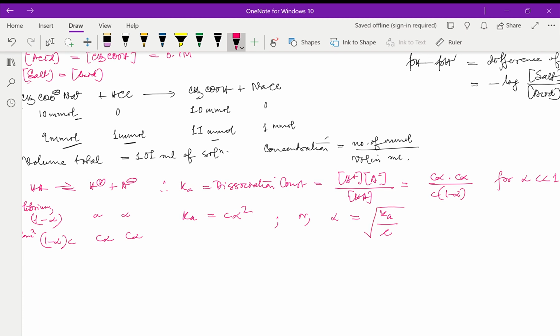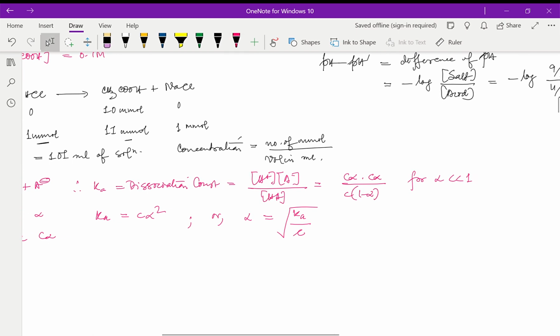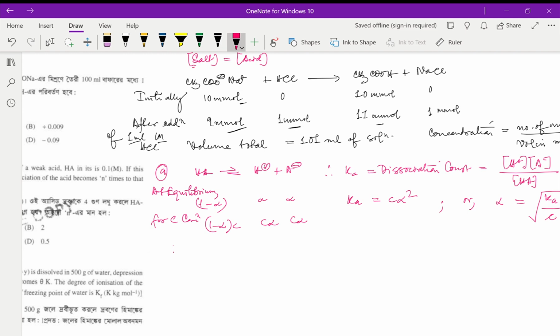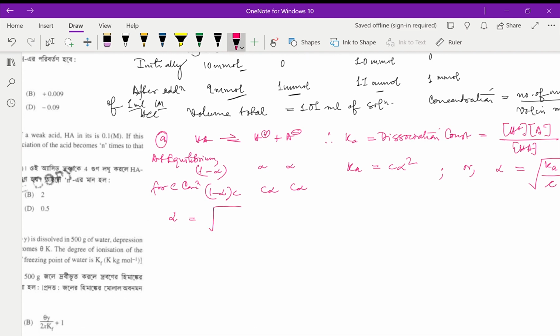We know that the concentration is inversely proportional to volume. As volume increases, concentration decreases. So using equation 1 and equation 2, I can now write alpha as root KaV.